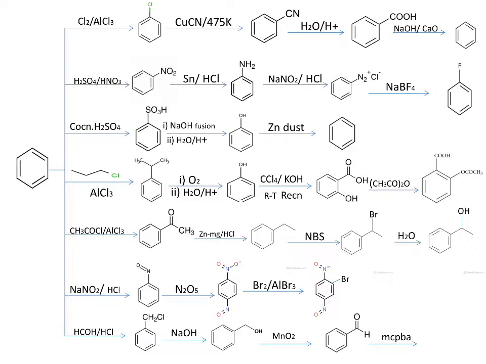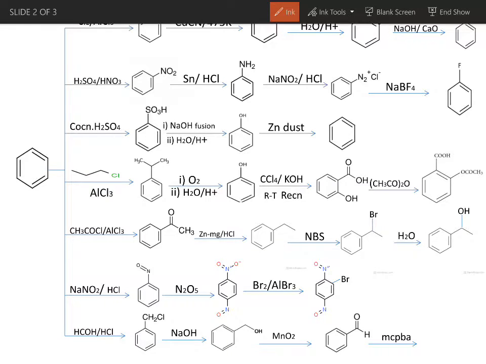With the help of metachloroperbenzoic acid, aldehyde will get converted into carboxylic acid, or ketone will get converted into ester.